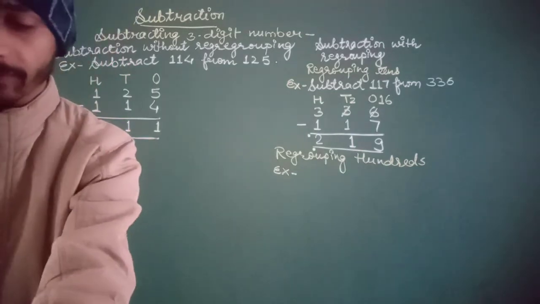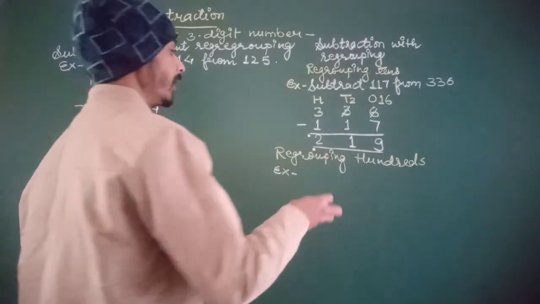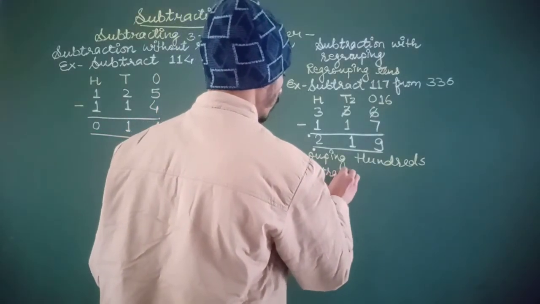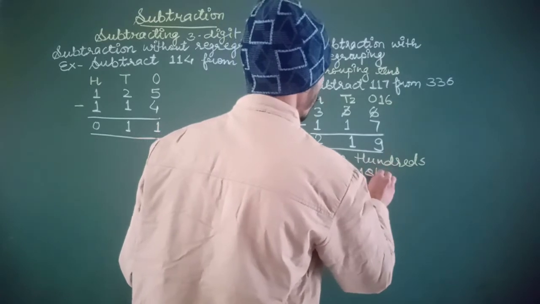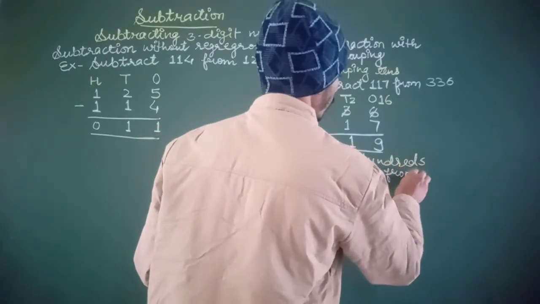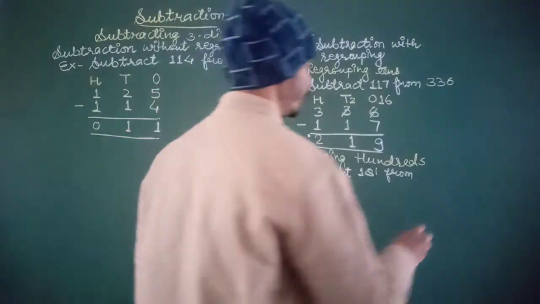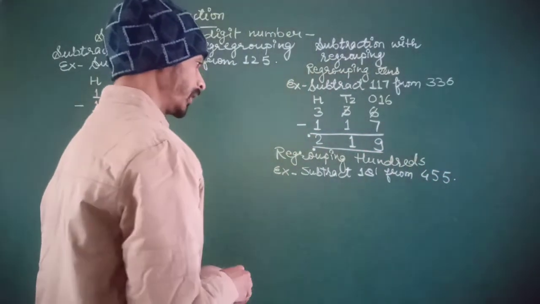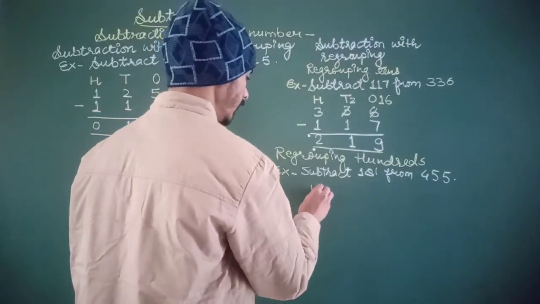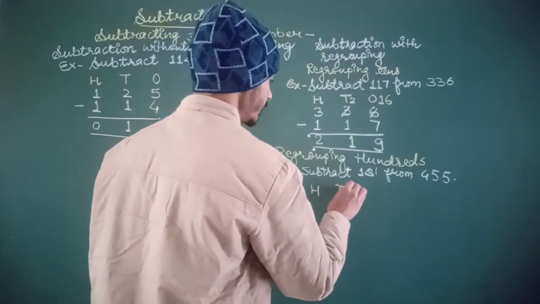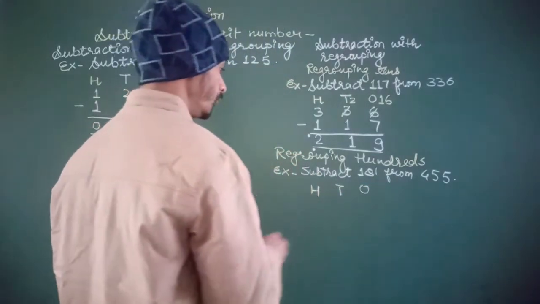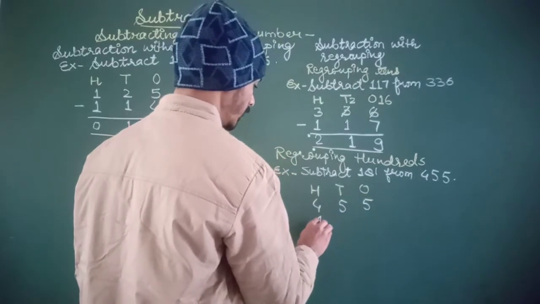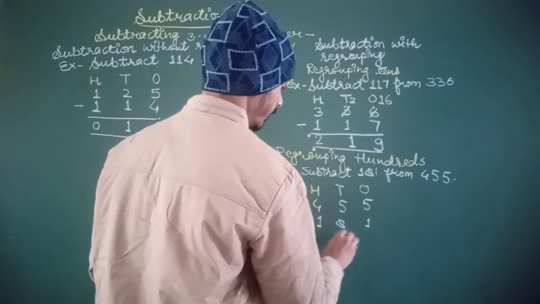Subtract 181 from 455. Write in columns hundreds, tens and ones, 455 minus 181.